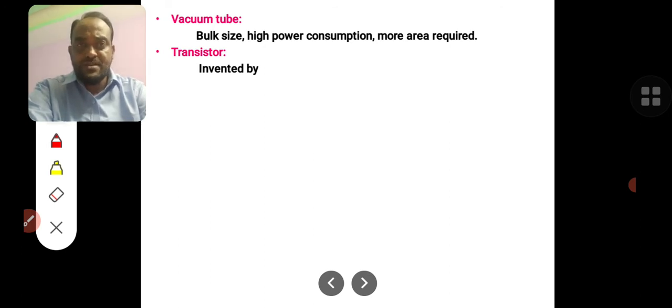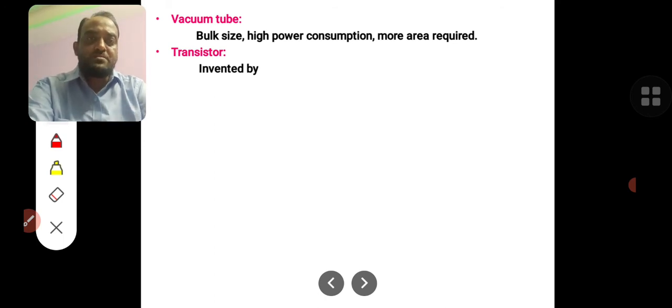So, vacuum tubes were very bulky, and obviously, whenever you speak about filament and heating up, the ambient temperature of the circuit is very high, and it consumes large power. As we have discussed, the vacuum tube is of your thumb size or more, so it will occupy large space.